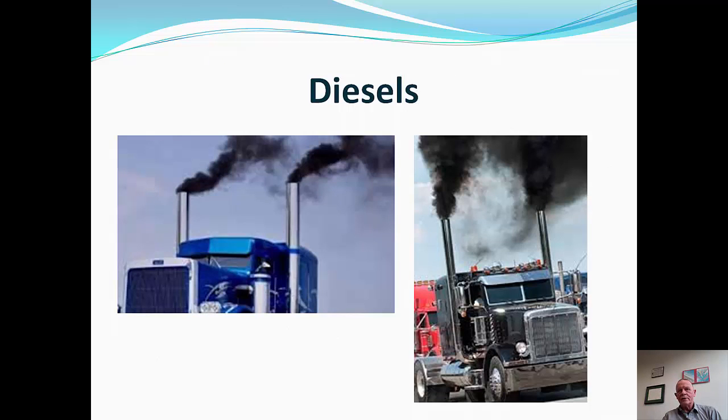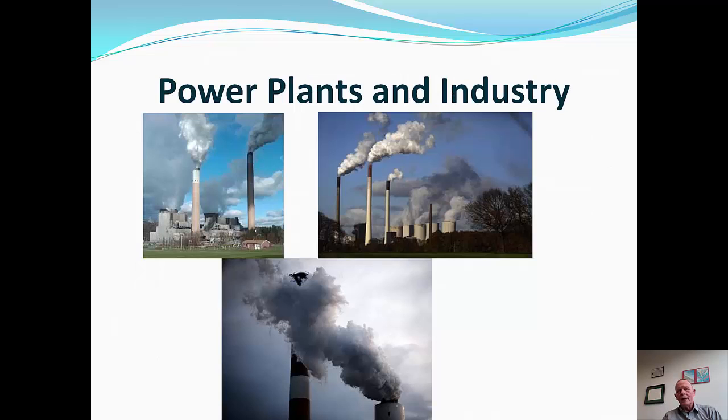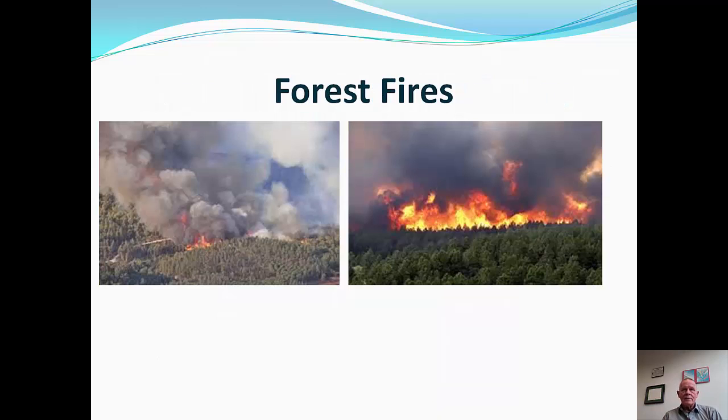So just to show you, I'm sure you've seen all this black smoke spewing from a diesel engine, or power plants, such as a couple located within Allegheny County, one up at Cheswick, and a couple more. Forest fires, wildland fires produce a lot of not only CO2 but also soot and smoke, particulate matter that gets into the atmosphere.